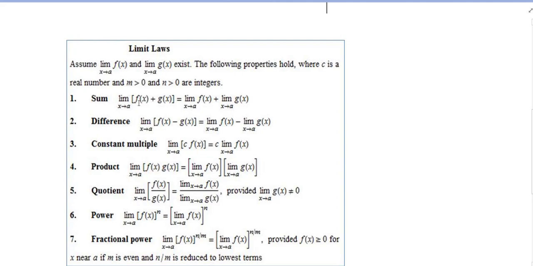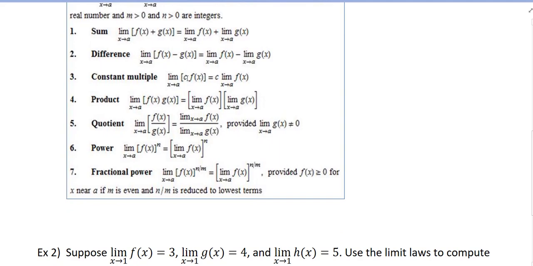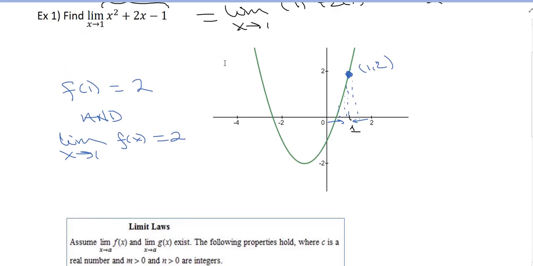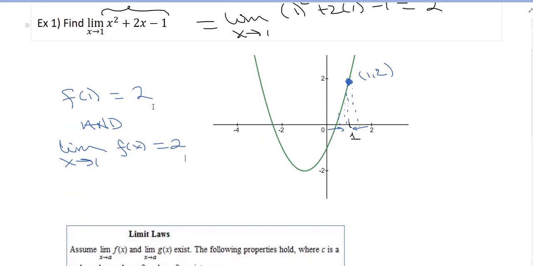So the limit of a sum is the sum of the limits. Same for the difference. The limit of a difference is the difference of the limits. If you have a constant, you can take the constant out and do the constant times the limit. So that's like our 2x over here. I can say 2 times the limit as x goes to 1 of x.